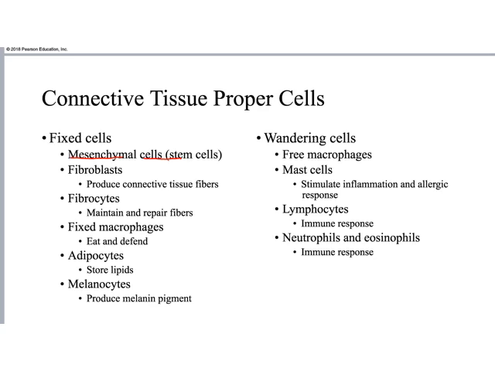Remember we talked about how a lot of tissues have stem cells, meaning they're cells that retain the ability to divide and replicate. Well, when we're talking about the stem cells in connective tissue that refresh or make new connective tissue cells, we'll talk about mesenchymal cells.